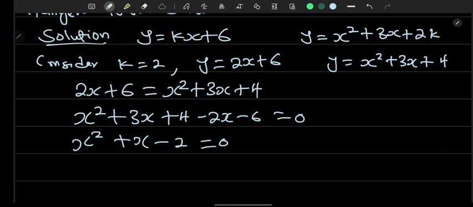This is a quadratic equation. One of the methods of solving a quadratic equation is the factorization method. The coefficient of x squared here is 1 and the constant term is minus 2. So we need a product of minus 2 and a sum of 1. We can use plus 2 and minus 1. So you have x squared plus 2x minus x minus 2 equals 0.